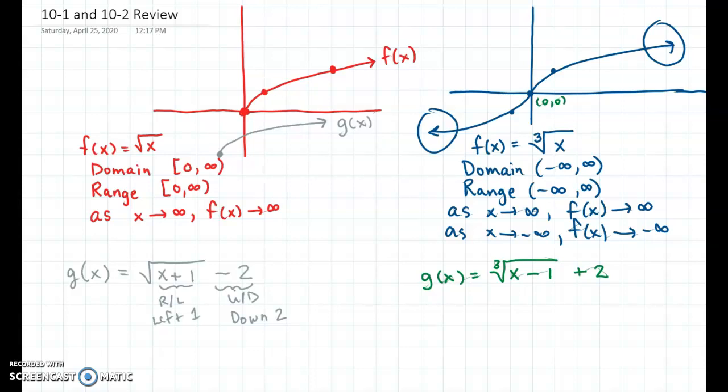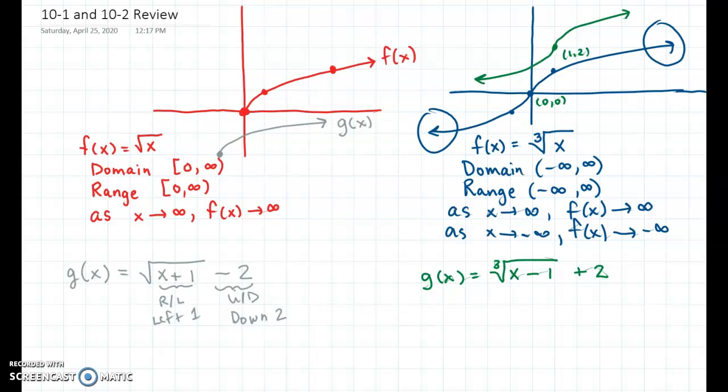Instead of 0, 0, we're going to go right 1, up 2. So our point where our graph bends is going to be at 1, 2. And it's going to have that same shape, slowly increasing to infinity and slowly decreasing to negative infinity.